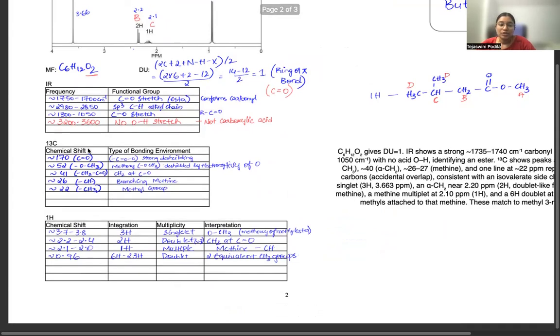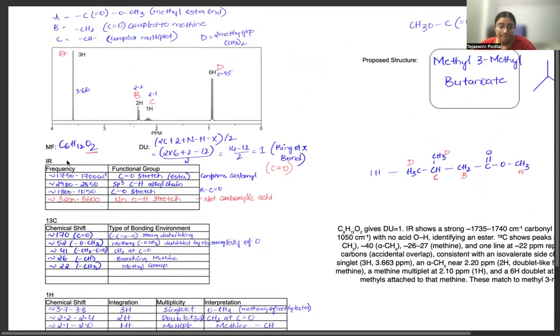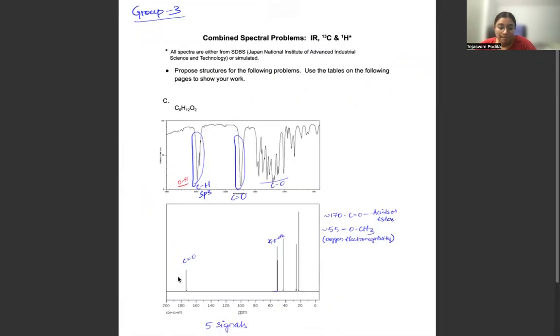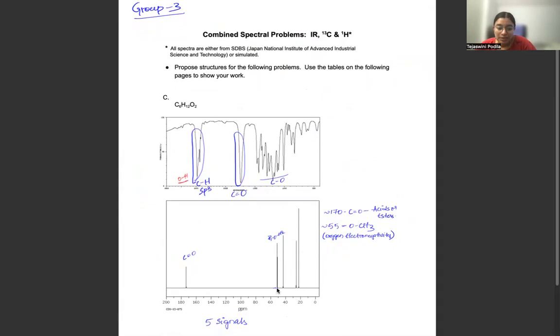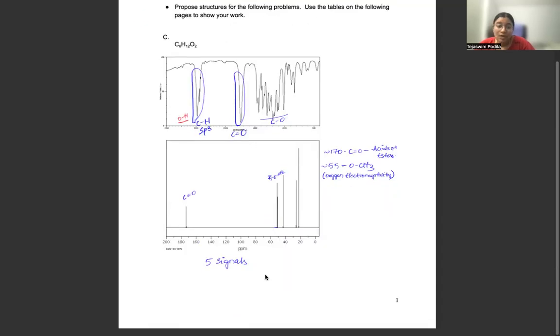When it comes to the 13C, there are chemical shifts at 170, at 52, at 41, and between 30 and 20.